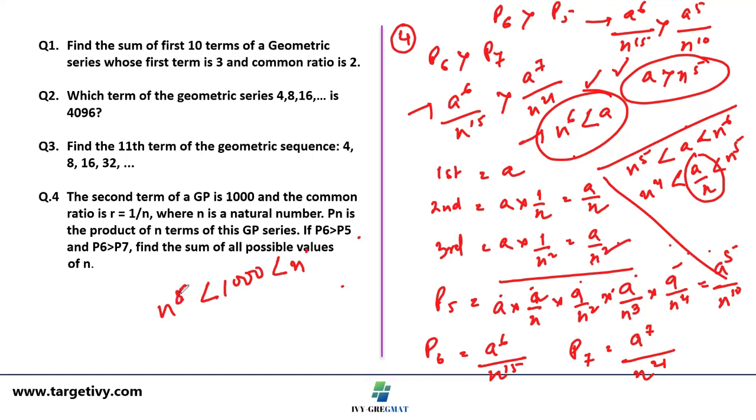Let me write it straight. So n to the power 4 is less than 1000, which is less than n to the power 5.